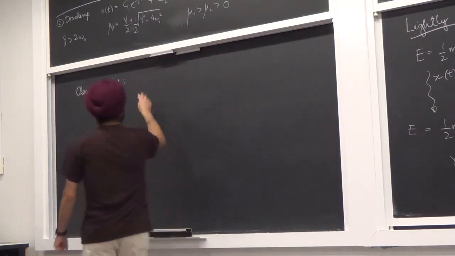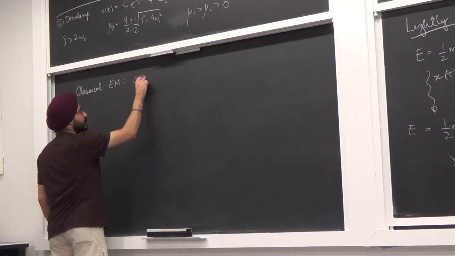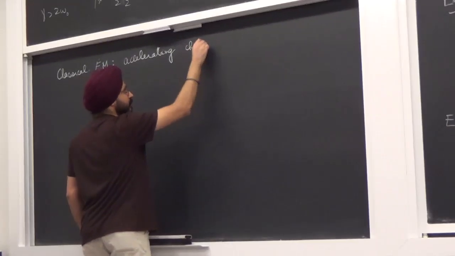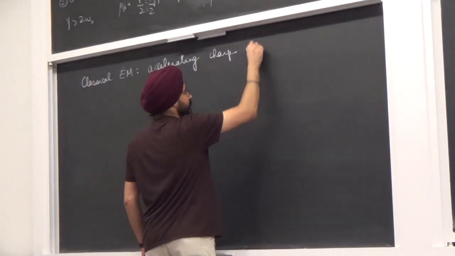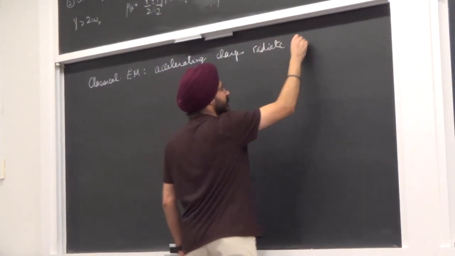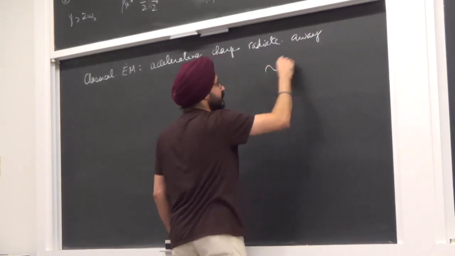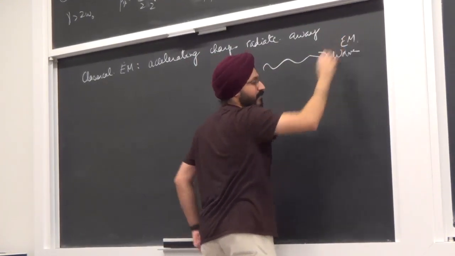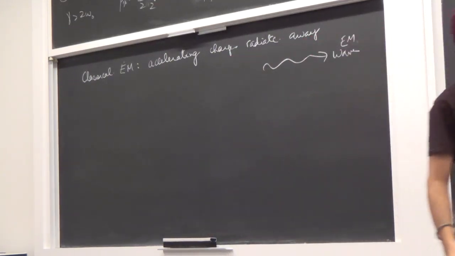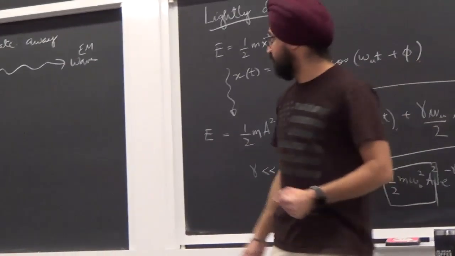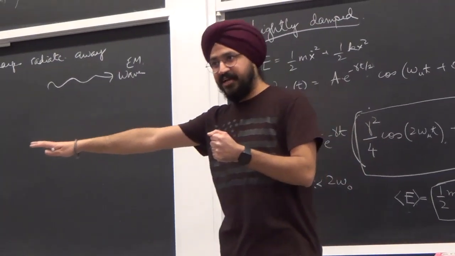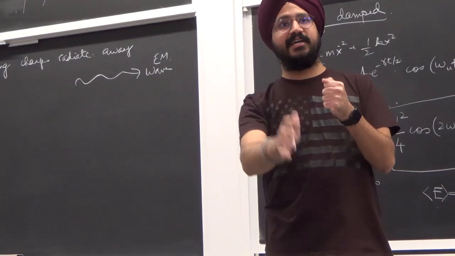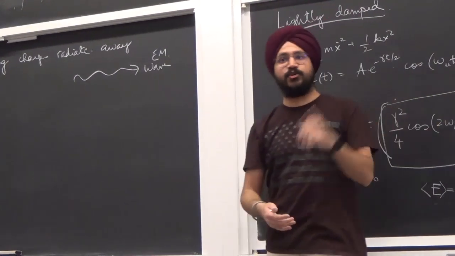So accelerating charges radiate away. They give off energy as electromagnetic waves. So if a thing is oscillating, it's accelerating, hence it gives off electromagnetic radiation. If it's giving off radiation, radiation has energy, hence the energy of the oscillator is also going down.